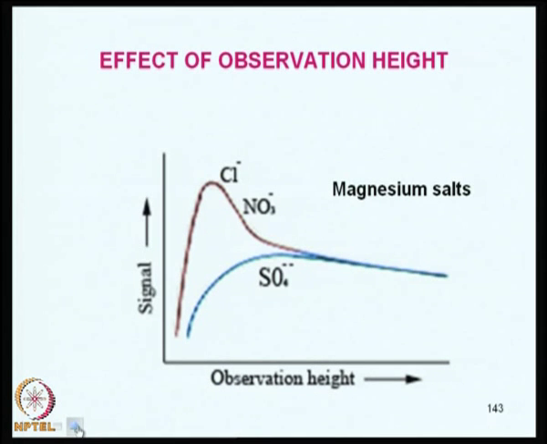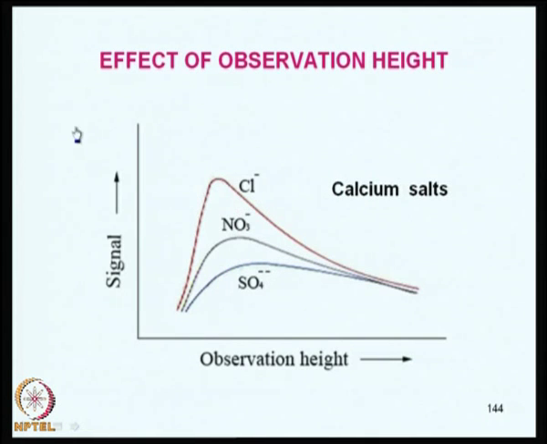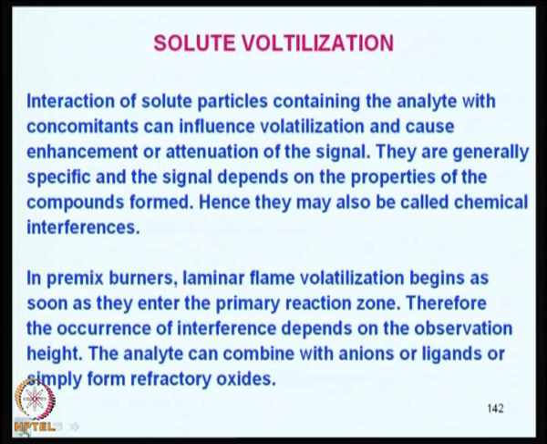And suppose you do the same thing with calcium salts. Again a similar process takes place. For sulphate, the optimum height is larger than that of nitrate, which is still smaller than that of chloride. So, observation height is the one which determines the solute volatilization effects.